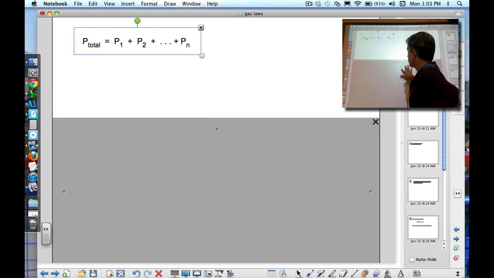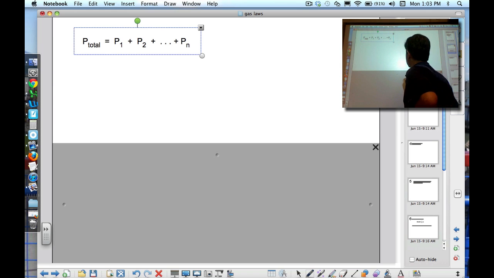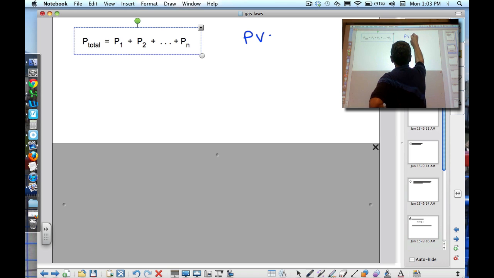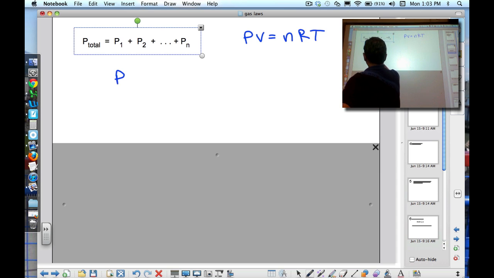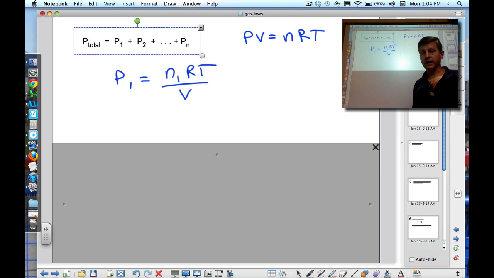Okay? Well, what I can do is use the ideal gas law, of course, which says PV equals nRT, to write an expression that shows how each individual partial pressure depends upon the number of moles of gas. So I can say, for example, P1 is equal to N1 RT over V, where N1 refers to the moles of gas number 1.